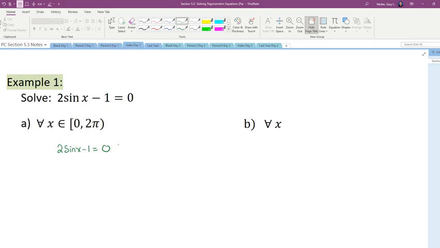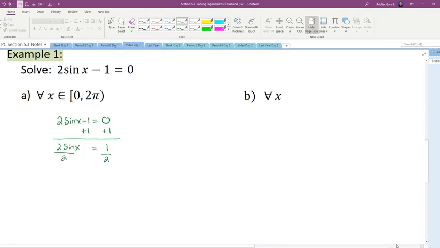Showing very basic steps, my first step, of course, would be to add 1. So now I have 2 sine of x equals 1. My next step would be to divide by 2, just like I would algebraically. Move the term first, and then get the variable by itself by dividing, right? So I have sine of x equals 1/2.